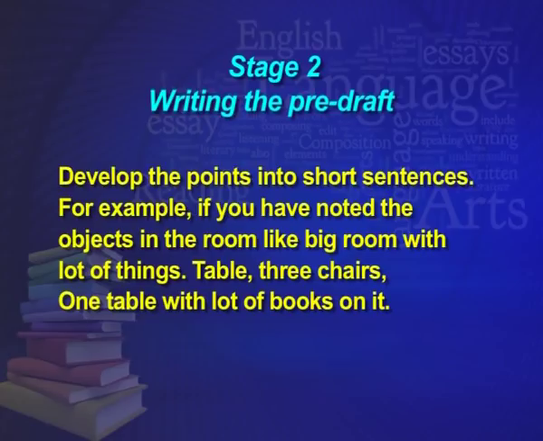For example, you say that a table, a television you wrote. Now, you have to say there is a TV, there is a table placed at the corner. You can also say this is a big room with a lot of things: a table, 3 chairs, one table with a lot of books on it. Those kind of things you can jot down. You can now develop this into complete sentences by making meaningful sentences.